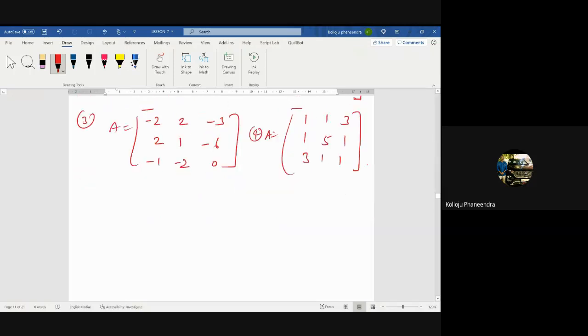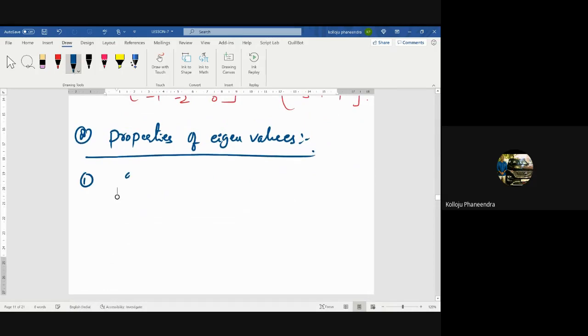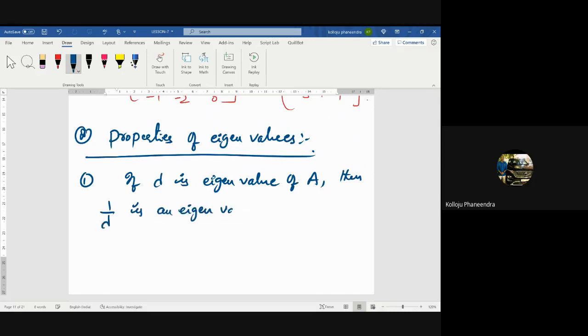Now, properties of eigenvalues. First one: if lambda is an eigenvalue of A, then 1 by lambda is an eigenvalue of A inverse.